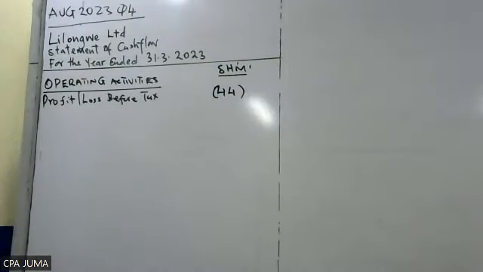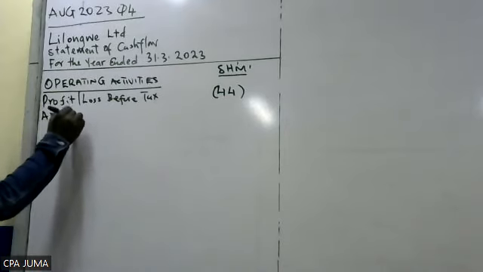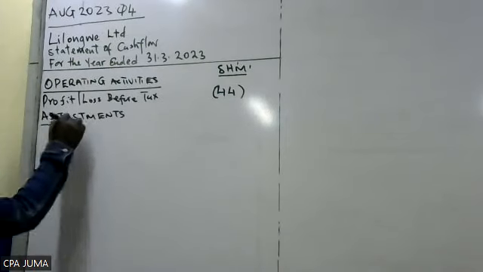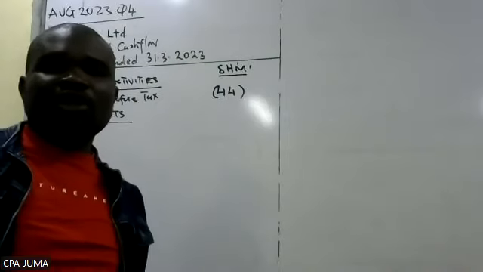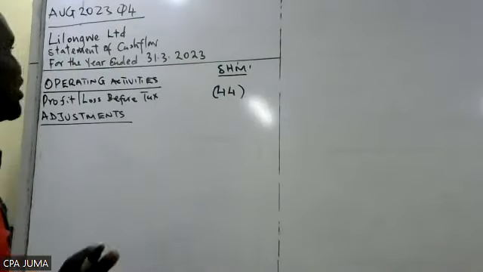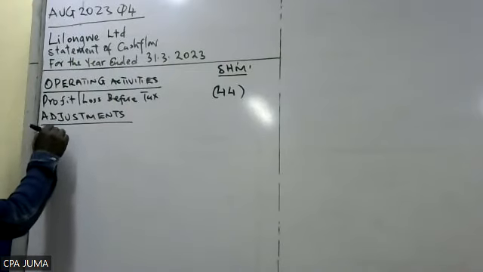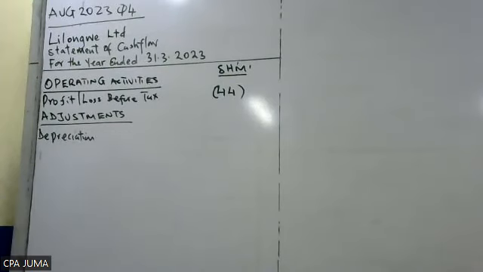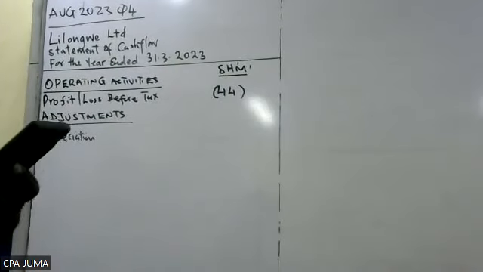Then you say adjustments in cash flow. Immediately you write adjustments, the first thing you write is depreciation. The first item you're supposed to write there is depreciation.